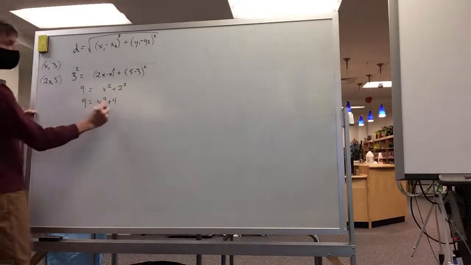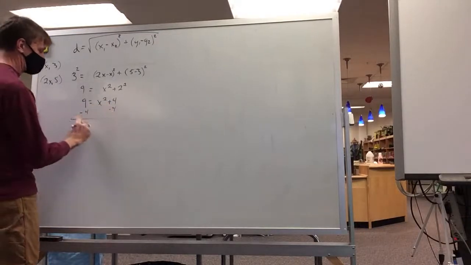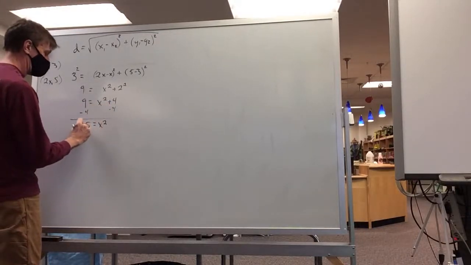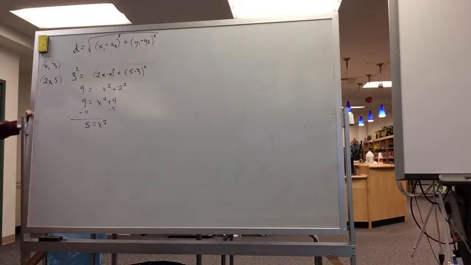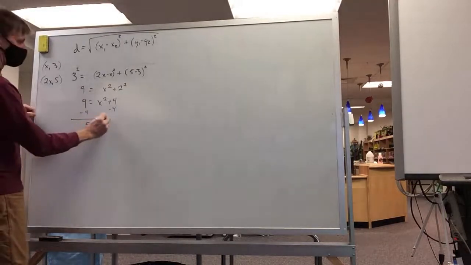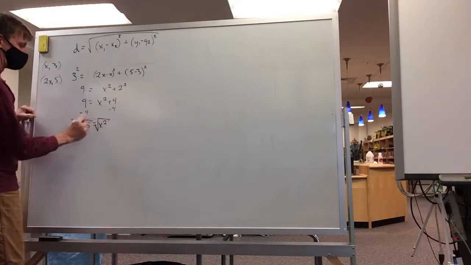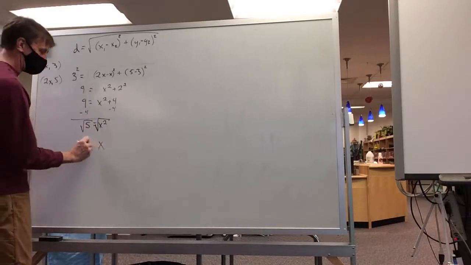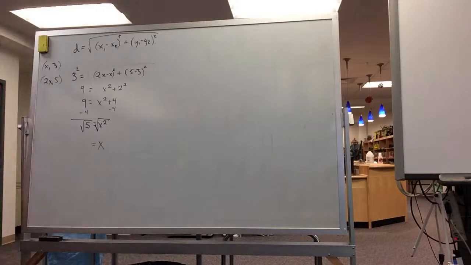So then, how do I find what x is equal to? Square root. This is the tricky part. So then what's x equal to? It's equal to the square root of 5? Is that where we want to stop?